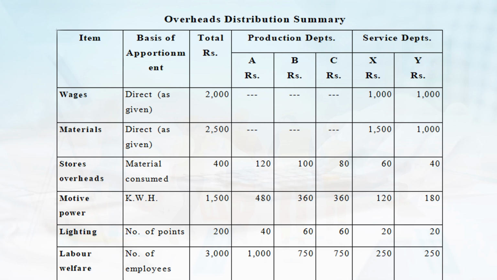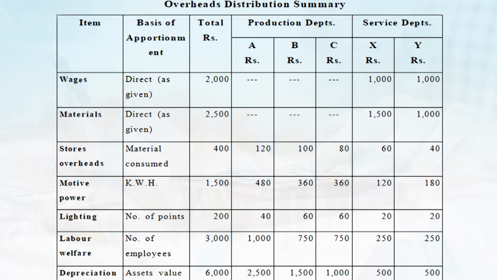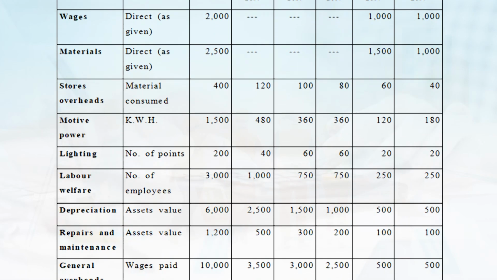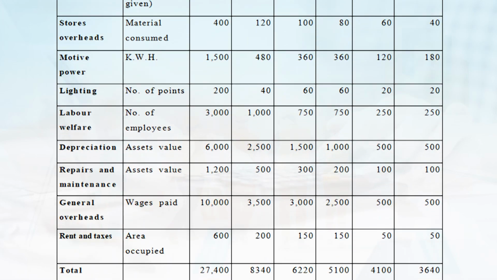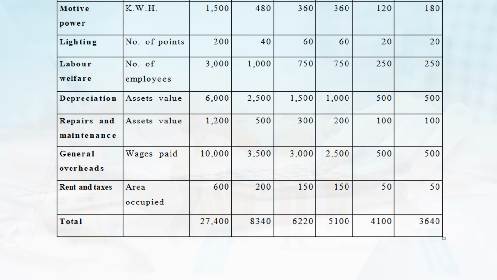Total amount given is rupees 200. It is rupees 40, 60 and 60 for production departments A, B and C respectively, and rupees 20 for service departments X and Y each. Next item of expense given is labor welfare expense and the base of apportionment is number of employees.